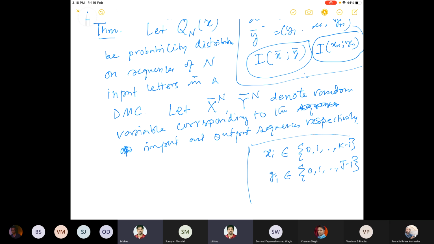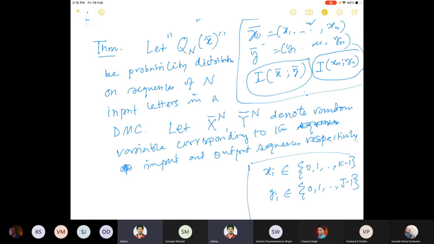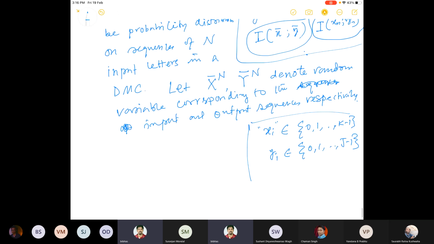Now, what is Q_n and x bar? x bar is nothing but a sequence of Xi's, so you are constructing X1, X2, up to Xn, and all these Xi's can take a value from 0 up to K minus 1. So you have this set.